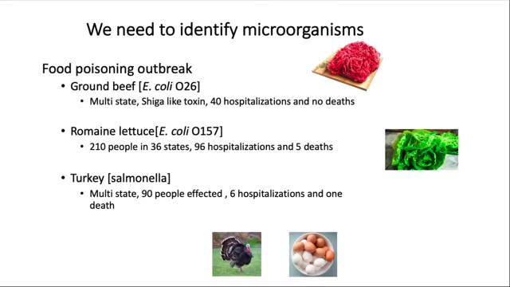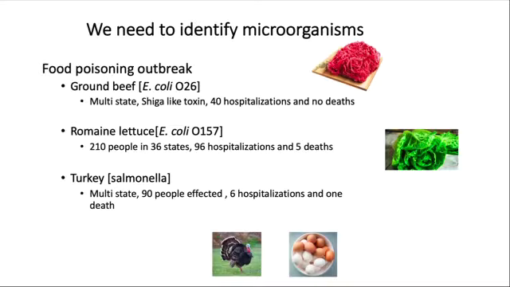So why is it important to identify microorganisms? Apart from just knowing what kind of organism it is, just for knowledge, it helps us in identifying food poisoning outbreaks. If there is an E. coli strain that is causing a particular food poisoning, we can quickly trace the source, because we can identify them up to the serological level, the different strains that exist.